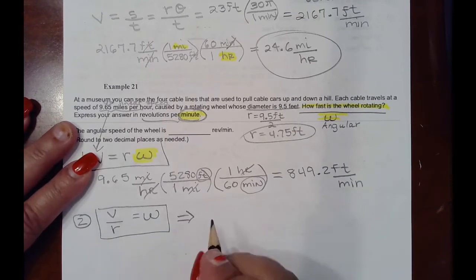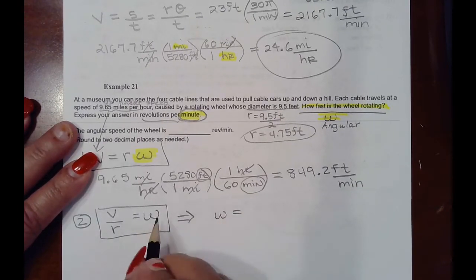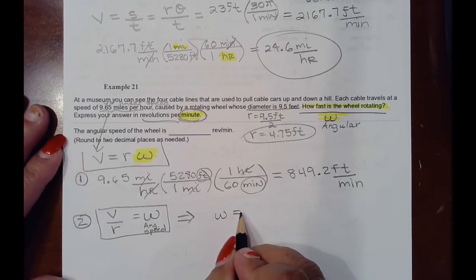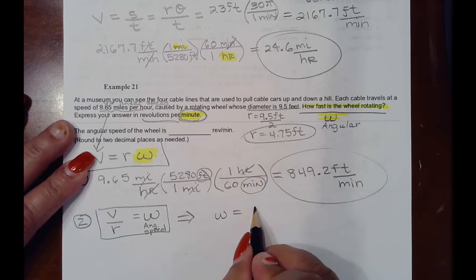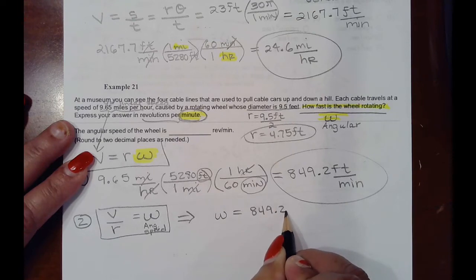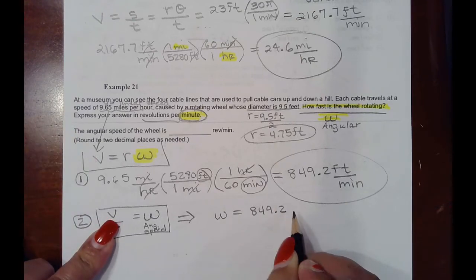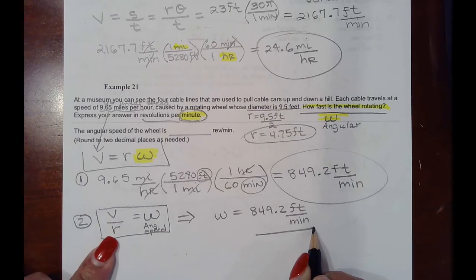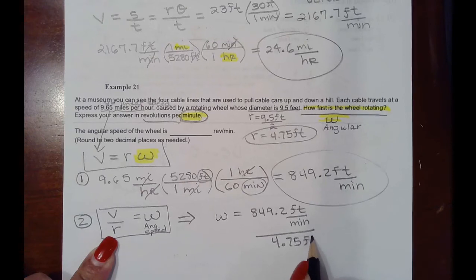So my omega, my angular speed, is equal to the linear speed, but now that I've converted it into units that are compatible with the rest of the quantities in the problem, I can use the linear speed, 849.2 feet per minute, divided by the radius, which is 4.75 feet.